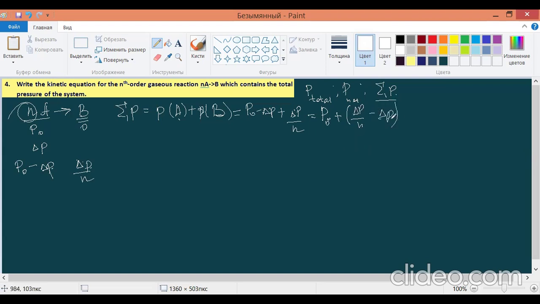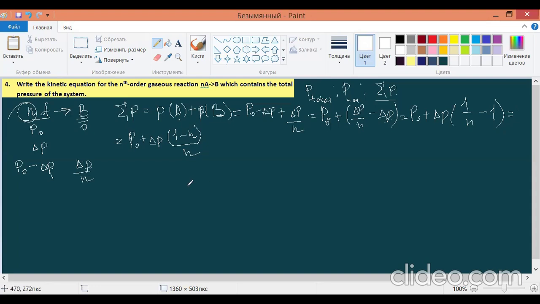And we see that the two terms contain one common element, which is delta P. For that reason, I can put it out of the round brackets. Yes, and we got 1 divided by n minus 1, which is equal to 1 minus n over n, right?